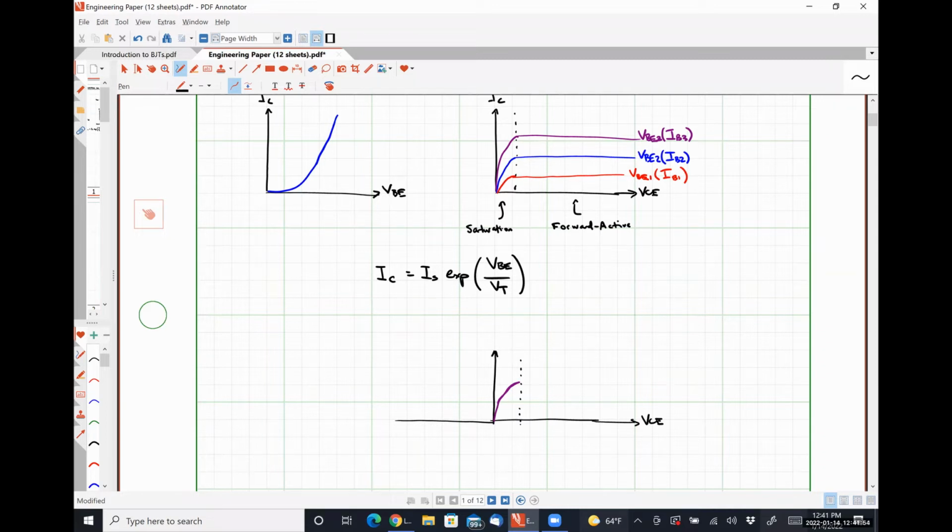All right, so with early effects ignored, we should expect to see a constant value for our current IC.